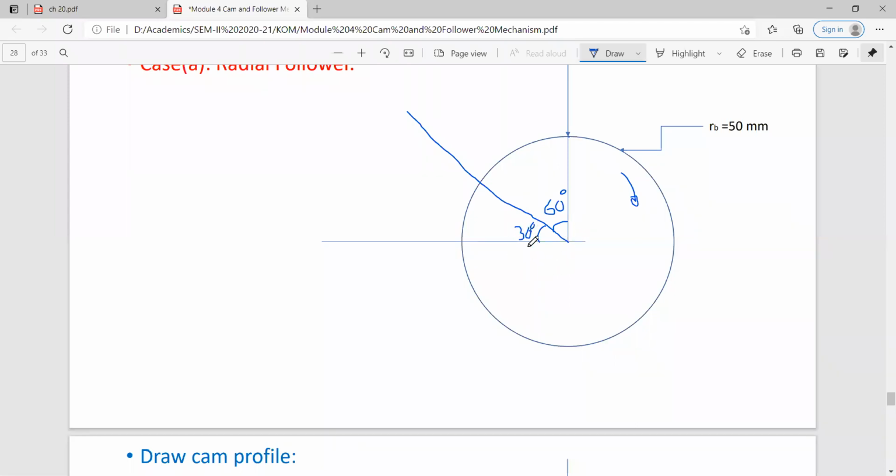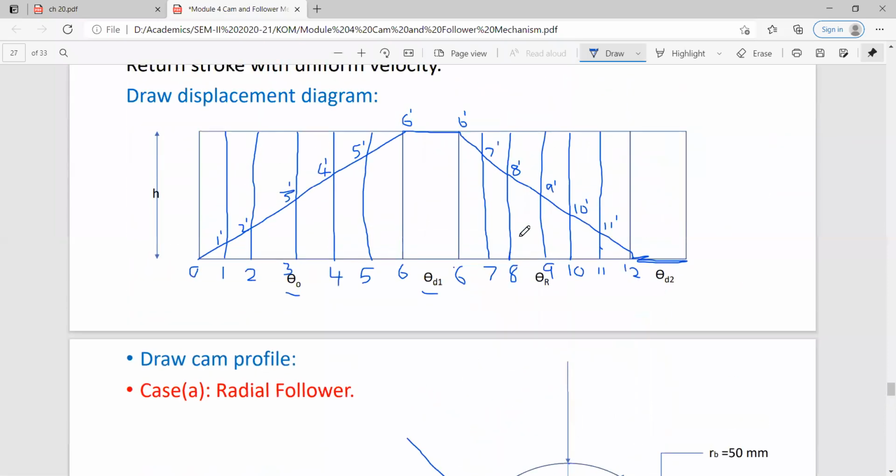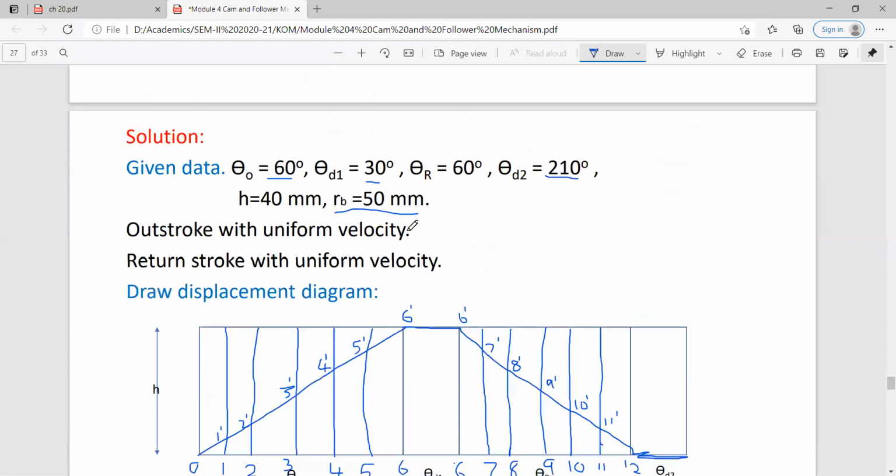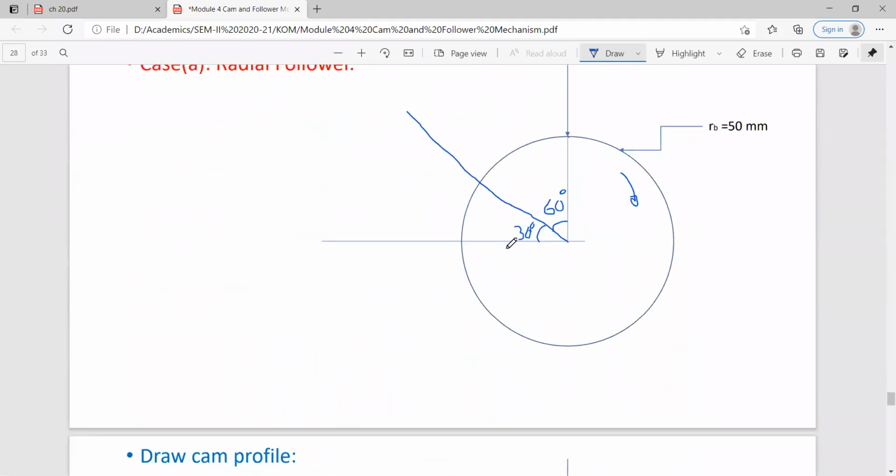Now after the dwell period, which angle is there? The angle of return. How much is the angle of return given? Again it is given as 60 degree. So from this line you measure 60 degree. Up to here it is 90 and 60 degree will be somewhere here.